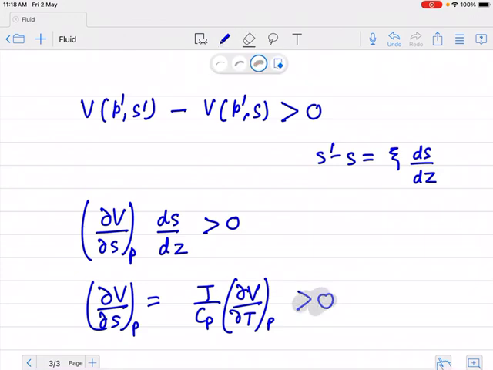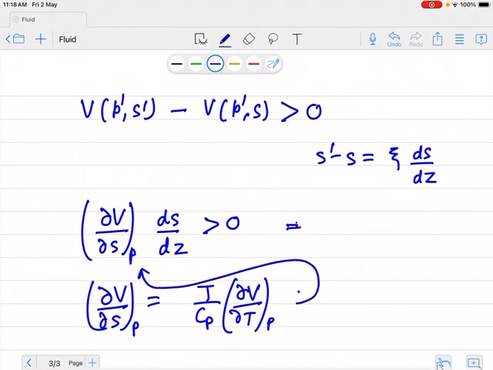Put this value here. So it will be del V over del T, of course T upon Cp, and dS upon dz should be greater than 0, because Cp and T are positive. It is clear that the majority of substances expand on heating, meaning dV over dT is already greater than 0.